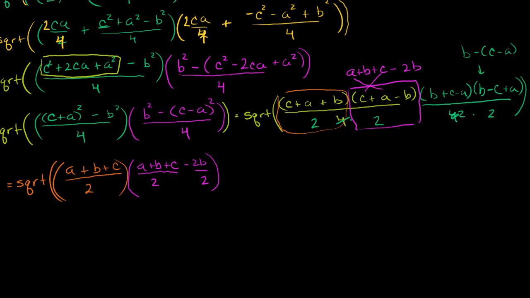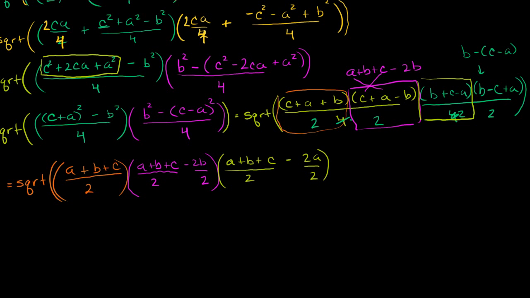And then our next term, right here, same exact logic. That's the same thing as a plus b plus c minus 2a, all of that over 2, right? If we add the minus 2a to the a, we get minus a. So we get b plus c minus a. These are identical things. So all of this over 2, or we can split the denominators just like that, over 2.